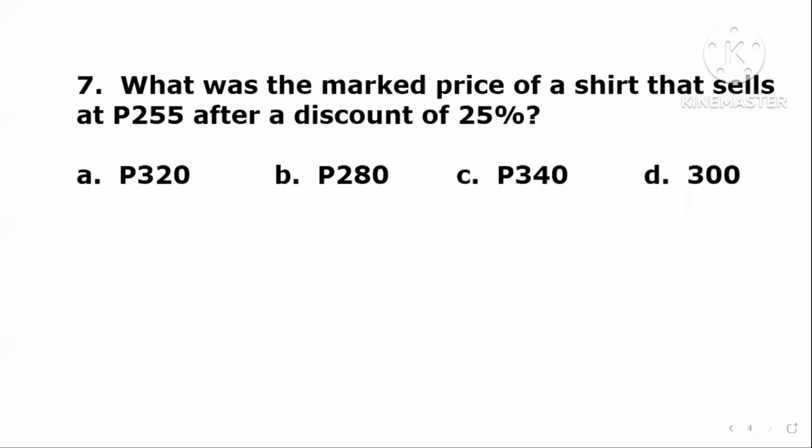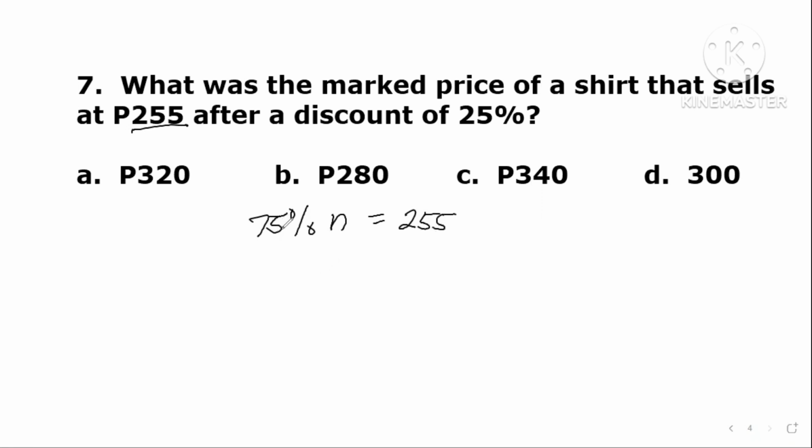Okay, one more percent problem. Number 7, what was the mark price of a shirt that sells at $255 after a discount of 25%? Since the 255 was already discounted by 25%, this 255 is only 75% of the price. So that will be our equation: 75% of N is equal to 255.